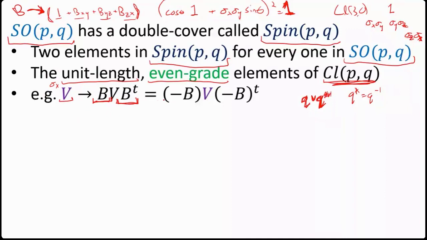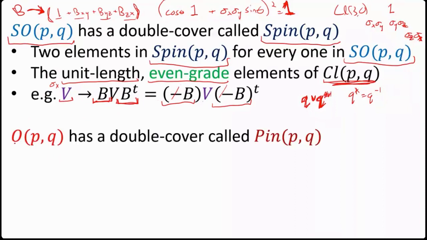But the reason it's a double cover is because B and negative B do the exact same thing. The negative signs just cancel. Because it's a double-sided transformation, the sign of B doesn't matter. So that's why there's two group elements in Spin that give you the exact same rotation.